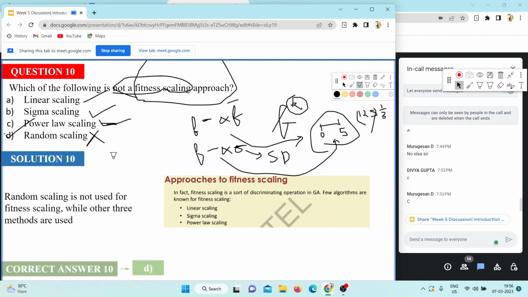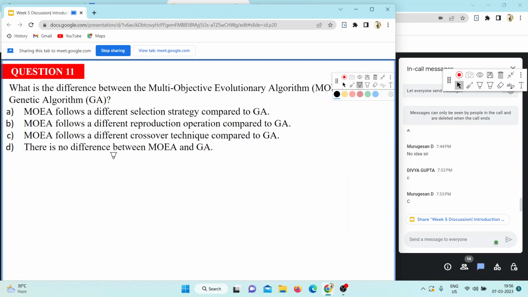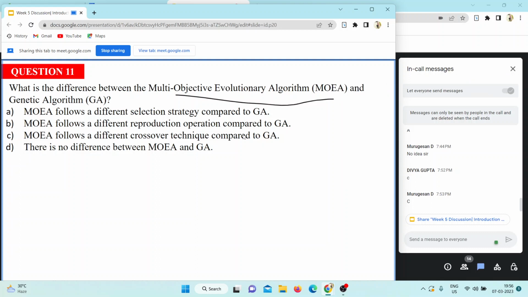Okay, question number 11: what is the difference between a multi-objective evolutionary algorithm and a genetic algorithm? Option A: MOEA follows a different selection strategy compared to GA. B: MOEA follows a different reproduction operation compared to GA.